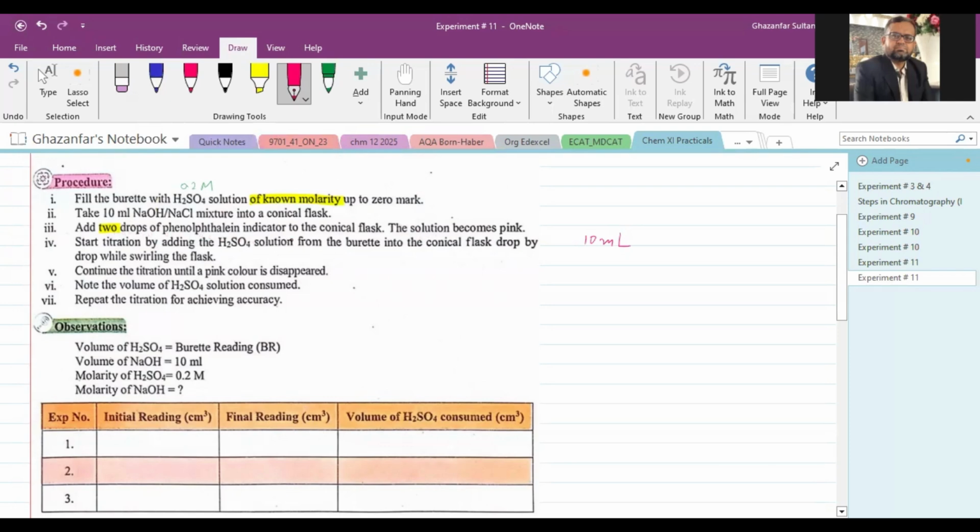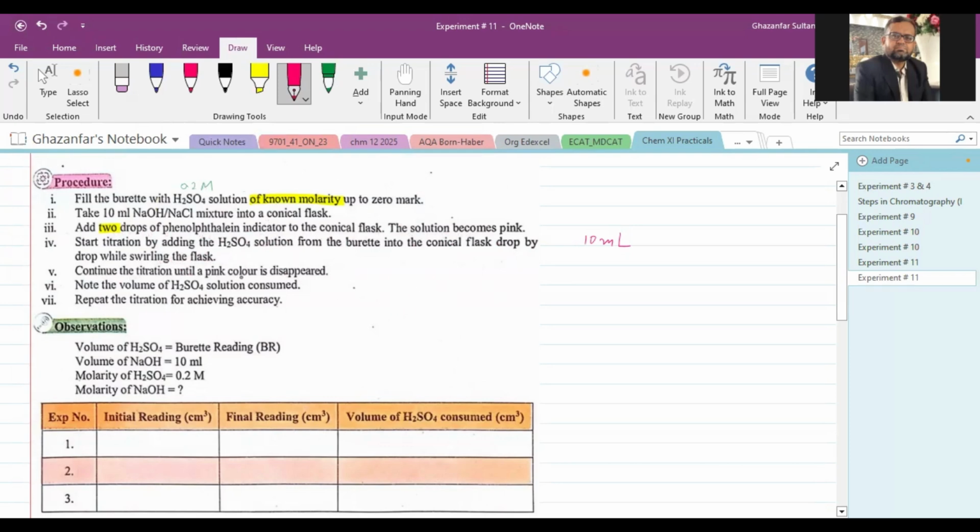The solution becomes pink. Start titration by adding 0.2 molar sulfuric acid solution from the burette into the conical flask, drop by drop, while swirling. What is swirling? You will see in the video. Moving the conical flask in round form is called swirling.